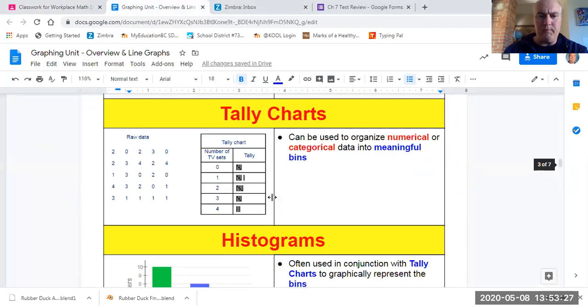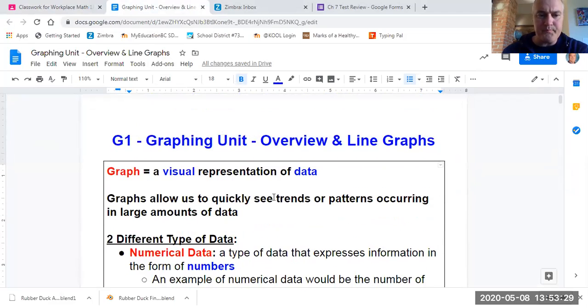So if we take a look at graphing, basically when we talk about the word graph, it means that a graph is a visual representation of data. Now when we talk about data, what does that mean? Well, data is basically numbers of some sort, in a math context.